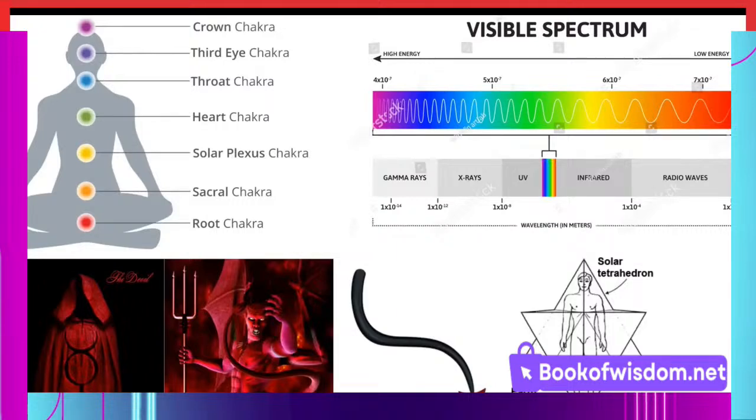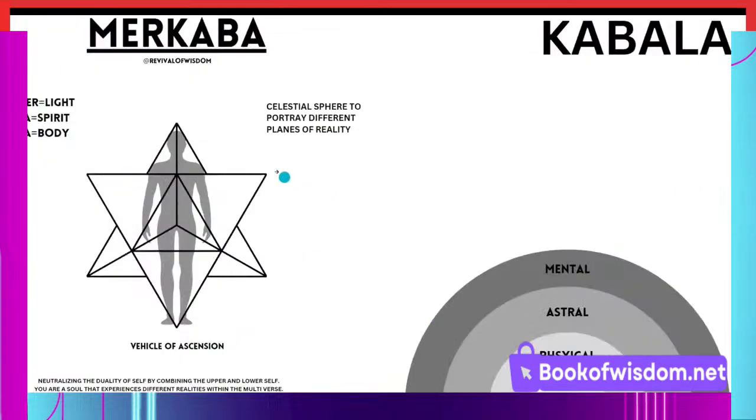This is why the devil is red. And the devil has a tail with the red arrow pointing down, because it symbolizes your light body. This is your Merkaba. Your Merkaba is your light body. Mer equals light, Ka equals spirit, Ba equals body. This is the devil's tail pointing down, the descension, your heel, hell. Ascension to heaven, head.